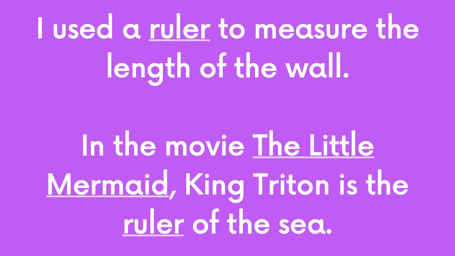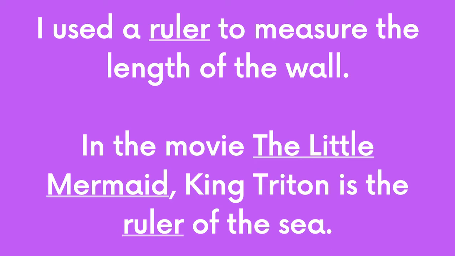The Little Mermaid is one of my favorite movies. If you've ever seen that movie, the Little Mermaid's name is Ariel, and King Triton is her father. And King Triton rules over all of the mer people. So King Triton is a ruler. In that definition of the word ruler, it is also a noun.